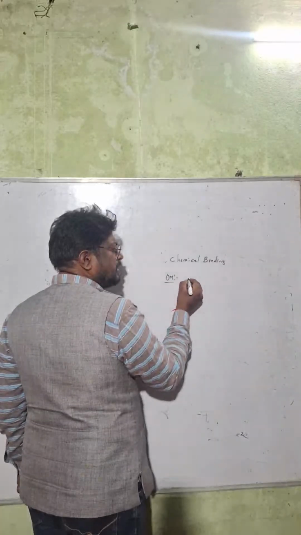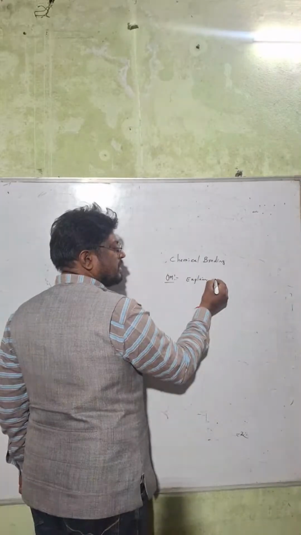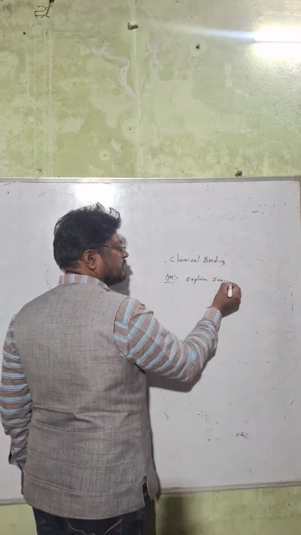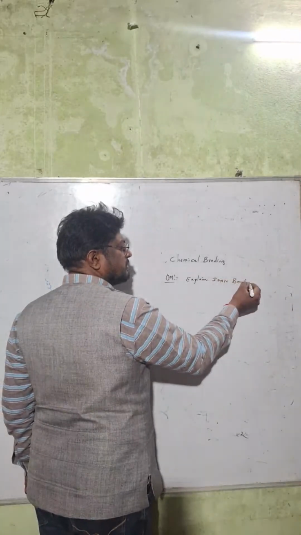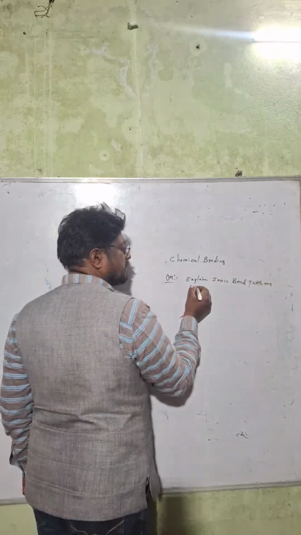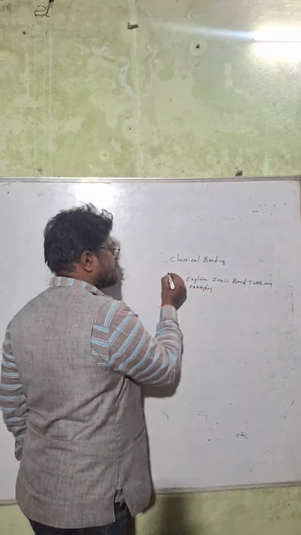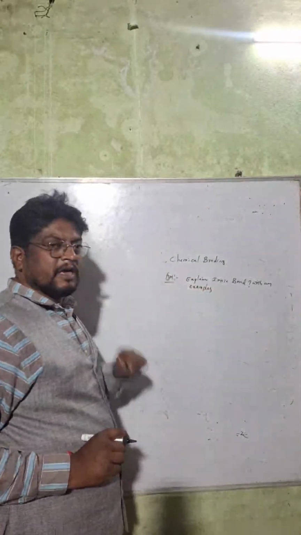Explain ionic bond with an example. This is a 6-mark question from chemical bonding.